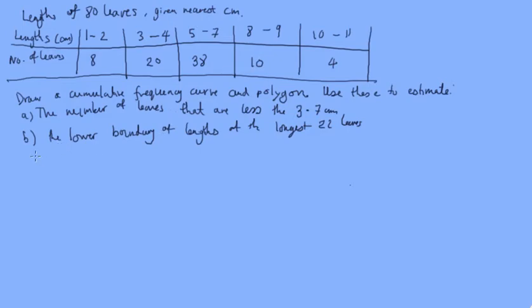So the first thing to do is calculate the cumulative frequencies of these leaves. We're going to look at the different lengths, and then the addition of frequencies, and the number of leaves. So this is the CF, the cumulative frequency.